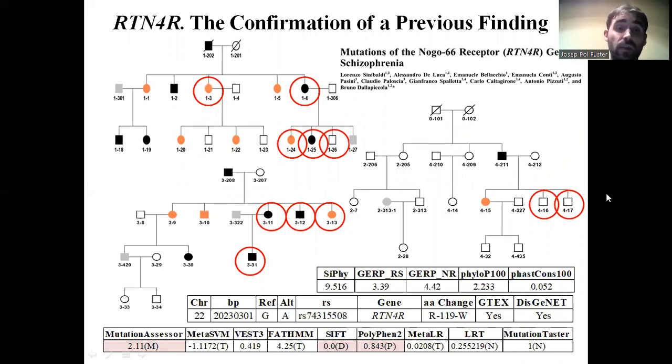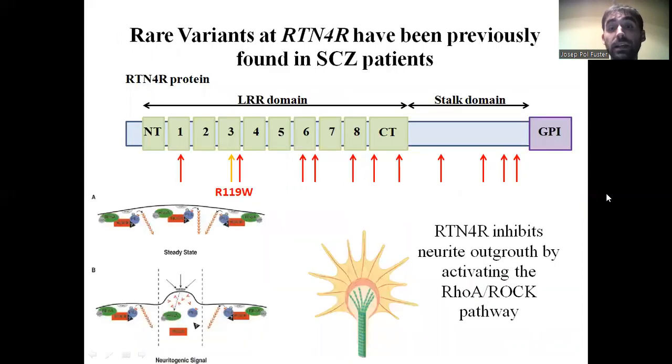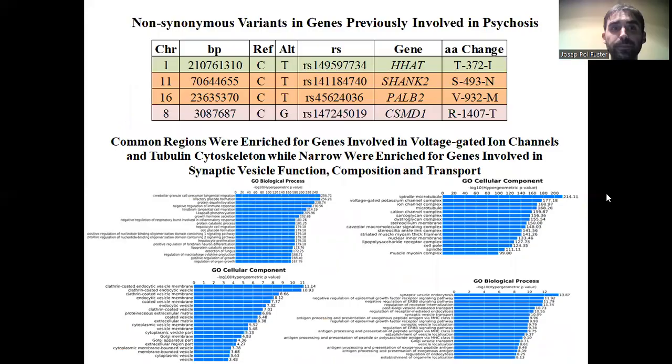In the case of the family, we think that this variant, in contribution with the linkage region identified and the other variant at RGAP19, may be contributing to the phenotype, but some of the affected members of the family did not carry this variant that has been previously identified in other psychotic patients. Interestingly, reticulon 4 receptor inhibits neural outgrowth by activating the ROA pathway.